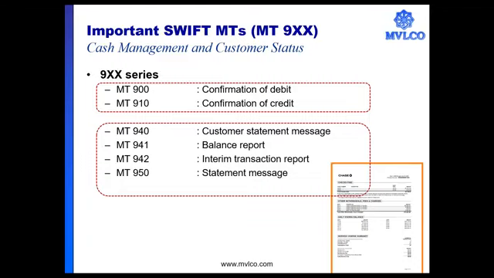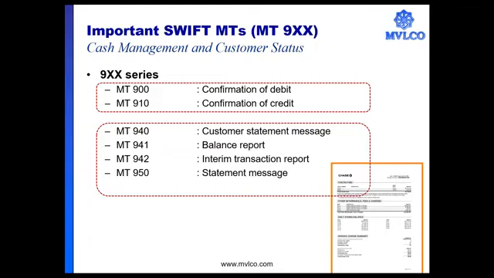Now whenever a bank debits your account for any outgoing payment, then your bank, assuming that of course you are able to receive these SWIFT messages, will send you an MT900. So for every debit transaction in your bank account, I will have an MT900, and for every credit transaction, I'll have the MT910, confirmation of credit.